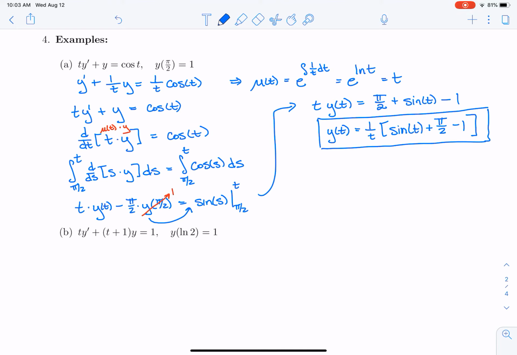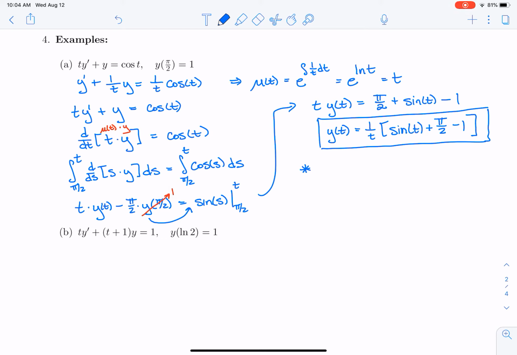Something that I want to point out about this solution is that this solution is not continuous at t equals 0. And this is an issue because I'm supposed to be able to take the derivative of this solution. And if it's not continuous at 0, then it's certainly not differentiable at 0.